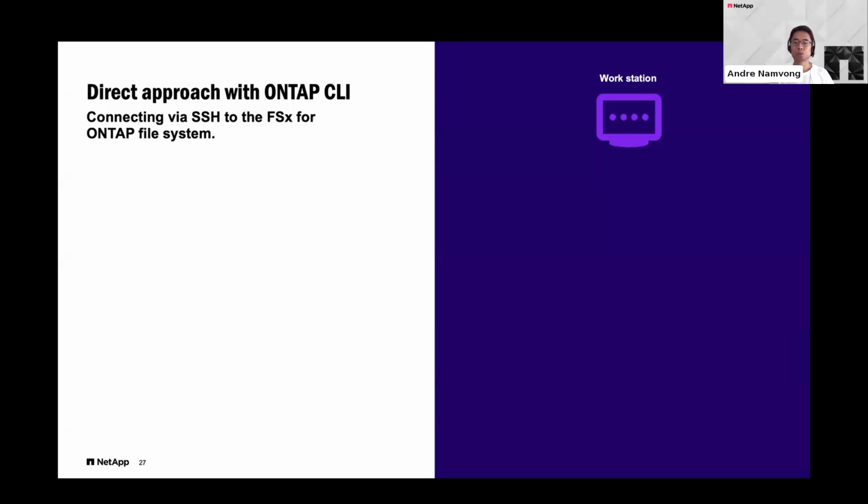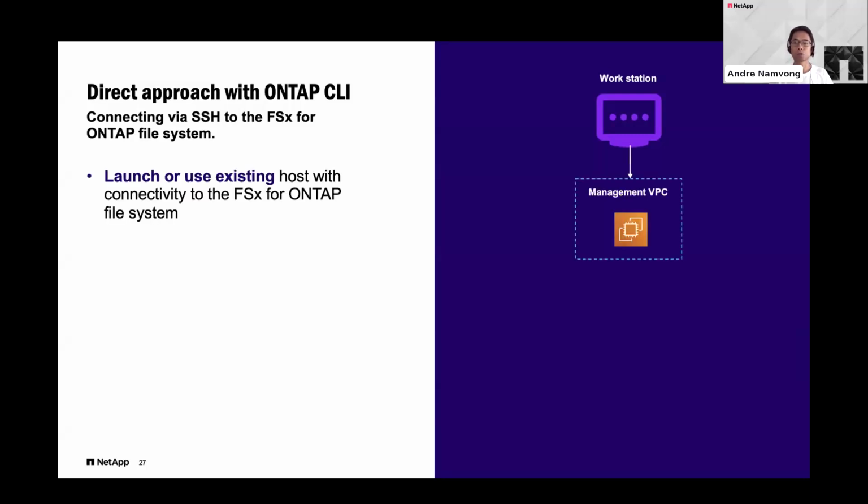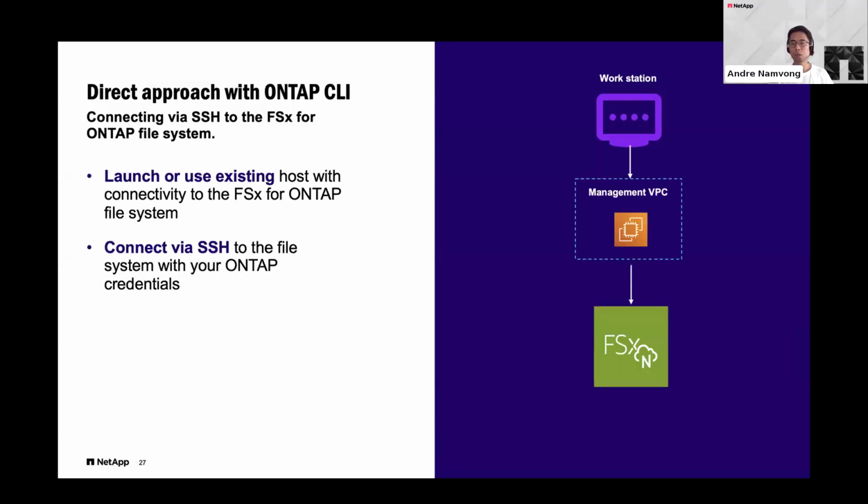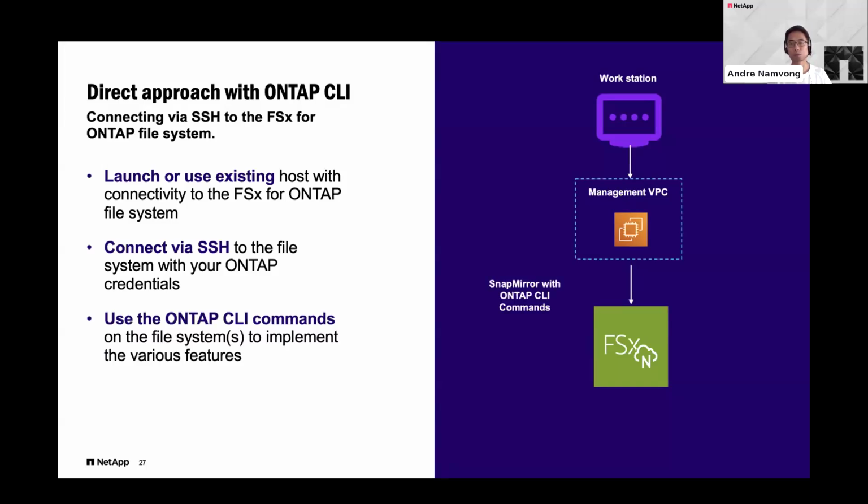So what you need to do is to access via SSH from, let's say, a jump host, and then you enter the credentials of the file system, and then you can access the terminal, and that will give you access to the different possibilities of configuring, administrating, and also monitoring the service. But that's based on CLI commands, and that could be a bit cumbersome for some customers. But that's a viable option.